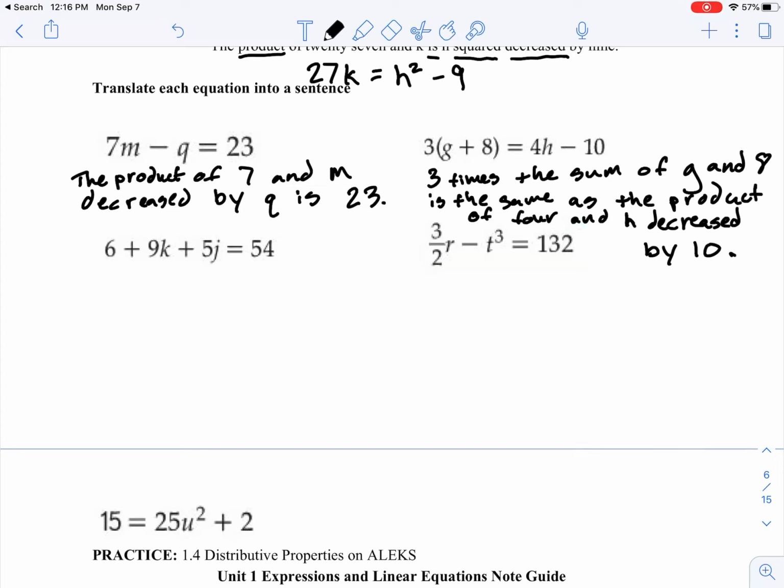All right, kind of ran out of room there. But 3 times the sum of g and 8 is the same as the product of 4 and h decreased by 10.